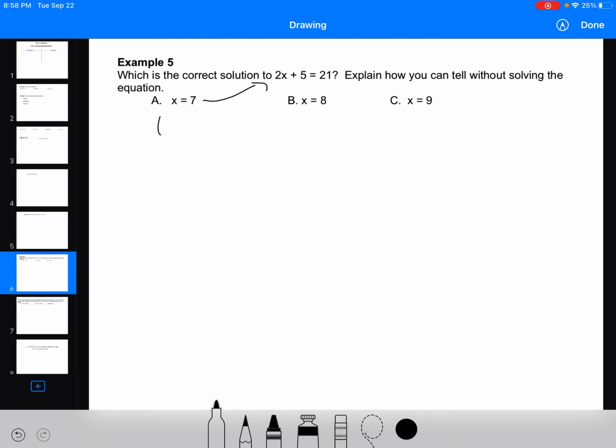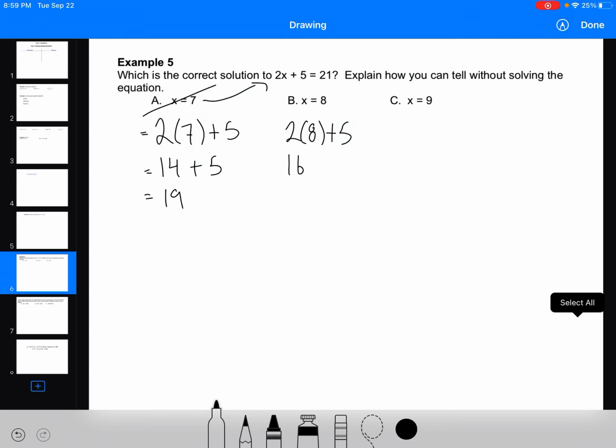Okay, so 7, it would be 2 times 7 plus 5. So that's 14 plus 5, which is equal to 19. So that one's no good. Then 8 is going to be 2 times 8 plus 5, which is 16 plus 5, which is 21.